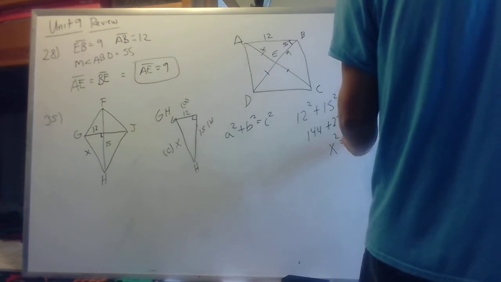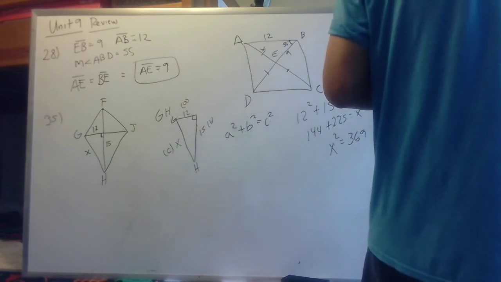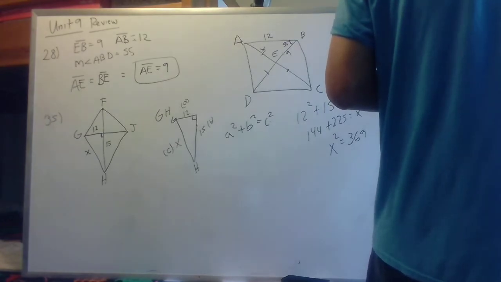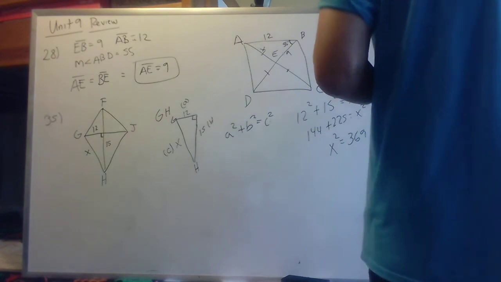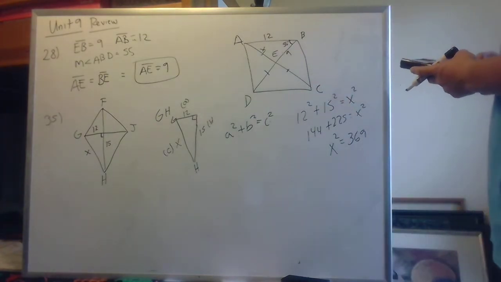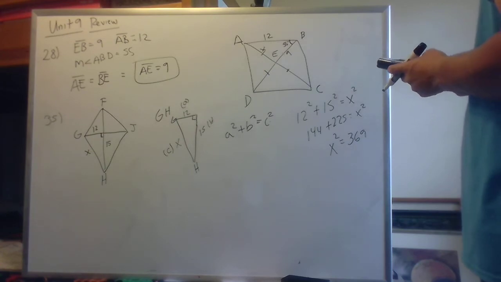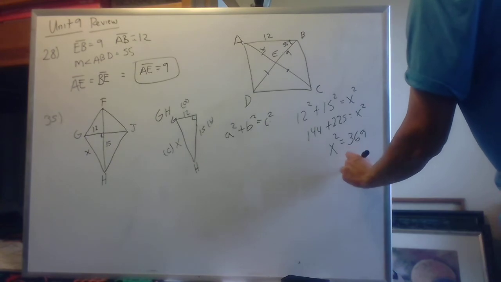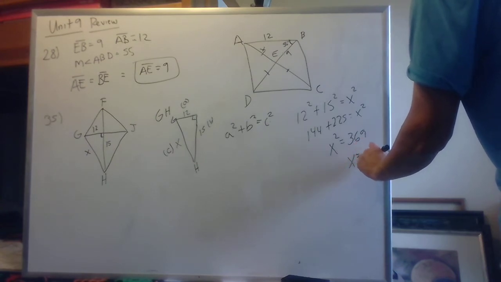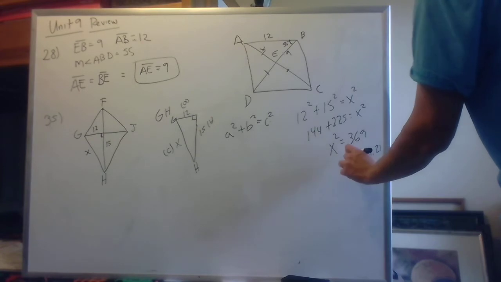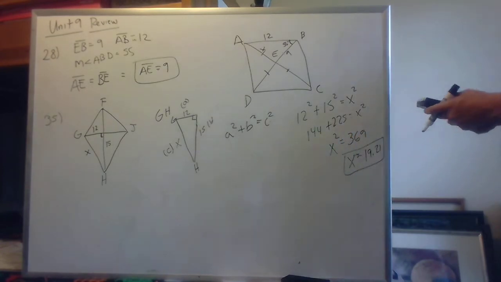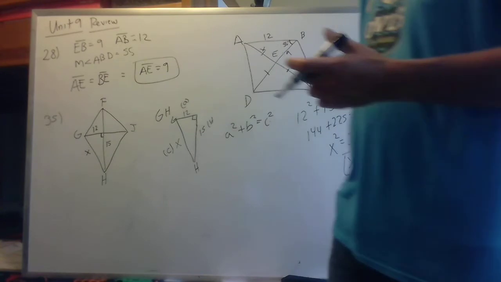The square root of 369 is approximately 19.21. So that would be our solution for the length of GH.